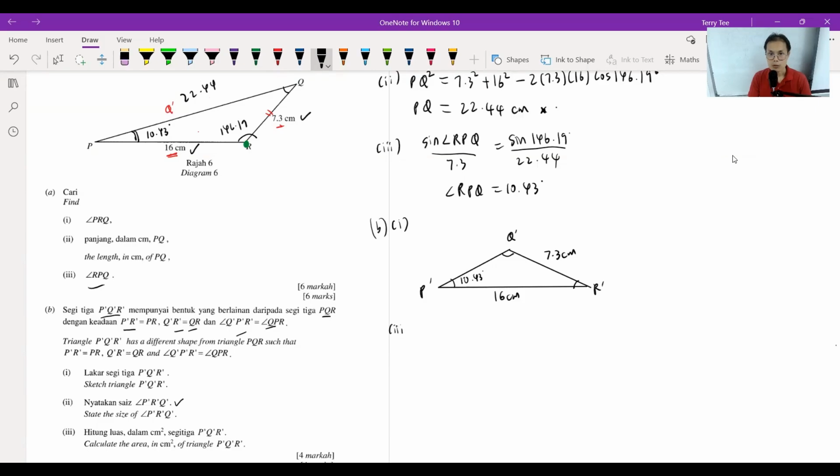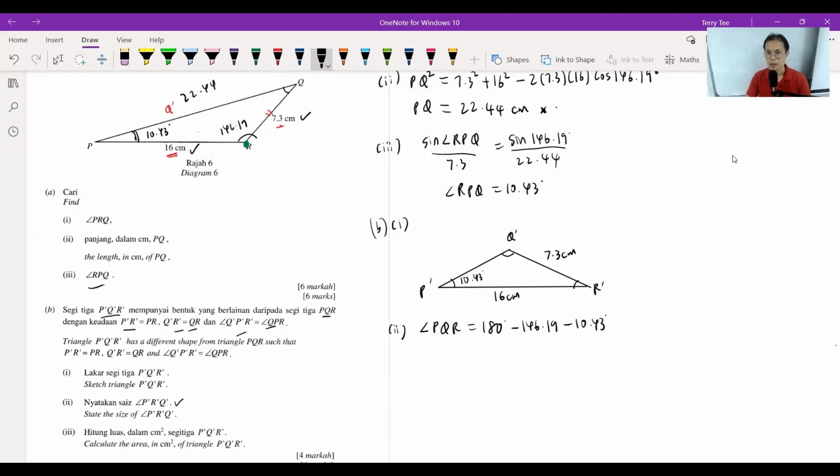So let's go back to your first triangle. Angle PQR first.